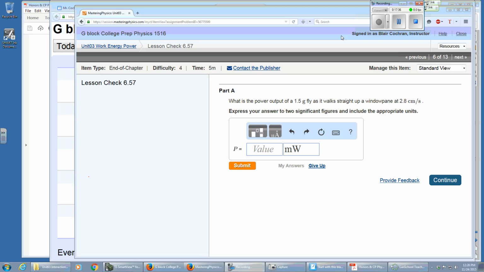We can look at it as the fly doing work going up the window pane, therefore there's a force and a distance. What force does the fly have to oppose to go up the window pane? Gravity. What's the other name for the force of gravity on something? The weight of it. So we could look at the weight of the fly and how far it moved and say that's how much work was done.